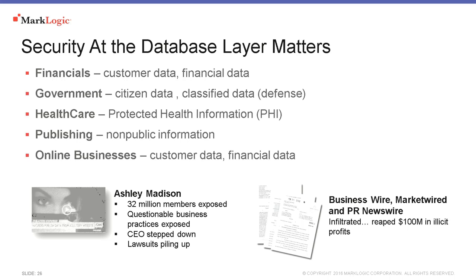Publishing. I'll give you an example of why publishing should encrypt. We have here 3 publishers that work in the financial industry: Business Wire, Market Wire, and PR Newswire. These companies receive market information a few hours before it should be published. Let's say results from the quarter for a company, and at the end of the day, they publish.